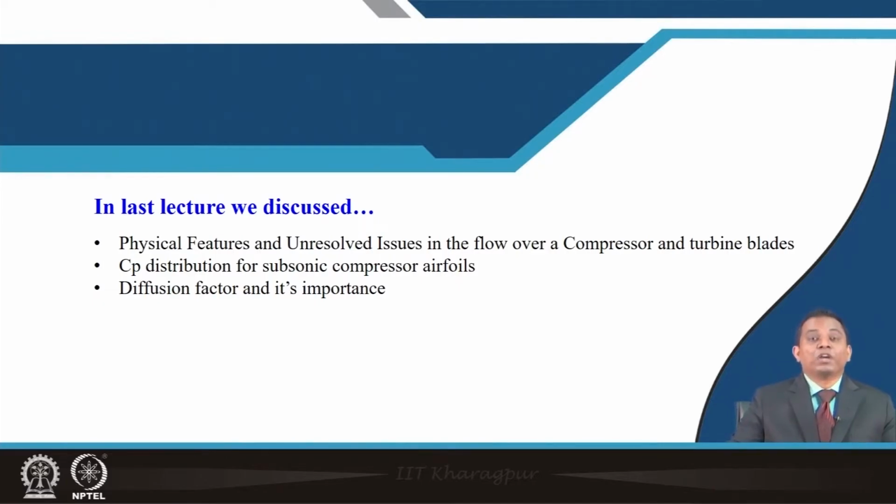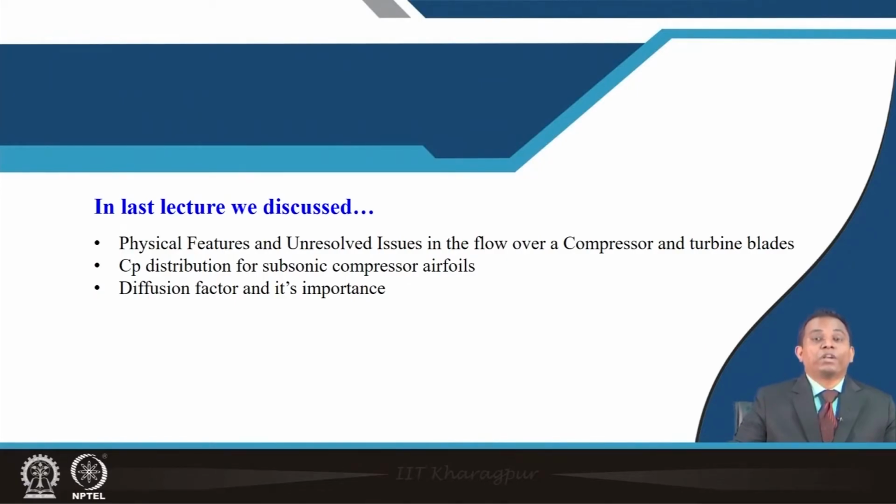Then we introduced a new parameter called the diffusion factor. That diffusion factor was included by NACA or NASA in the 50s and 60s based on their experimental results on cascades. They put a number on it, called the diffusion factor.